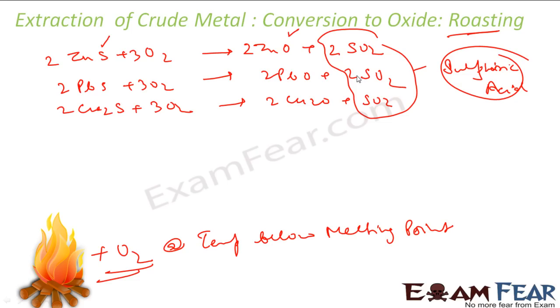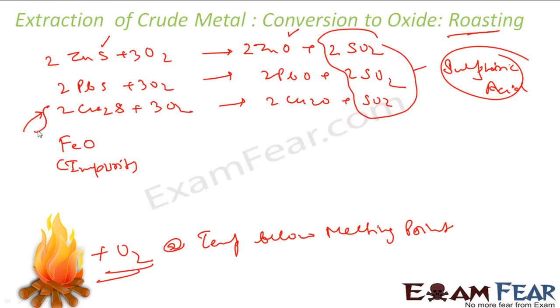Okay. Now, one point to note: if, for example, a copper ore has only copper sulfide, you use this method. But let's suppose it has iron also as an impurity. In that case, we mix silica also.